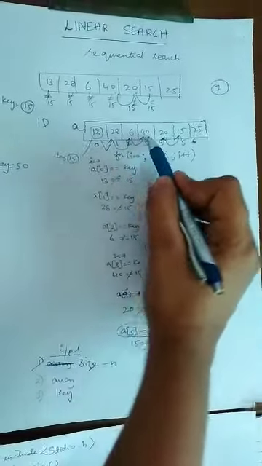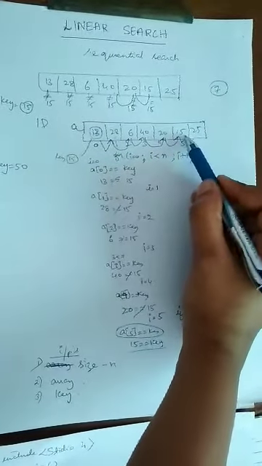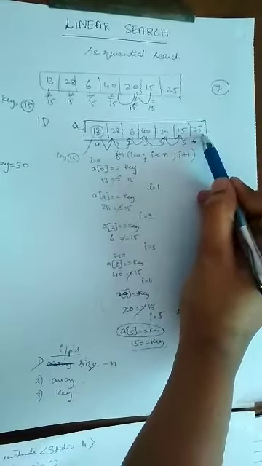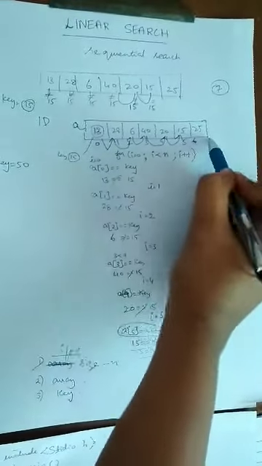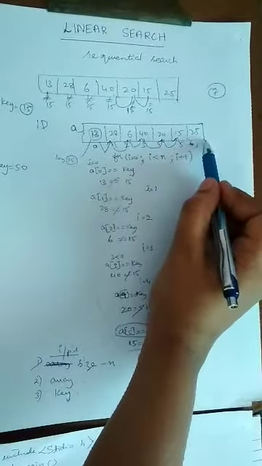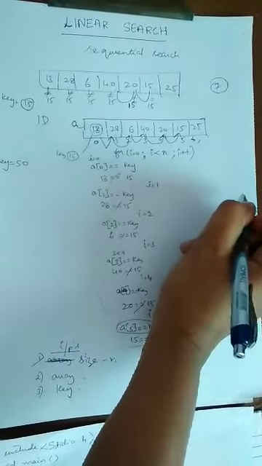Again it will not match with 40, 50 will not match with 20, 50 will not match with 15, 50 will not match with 25. So it is not matching, so until this last position we can do this, and then we can tell that it is an unsuccessful search.